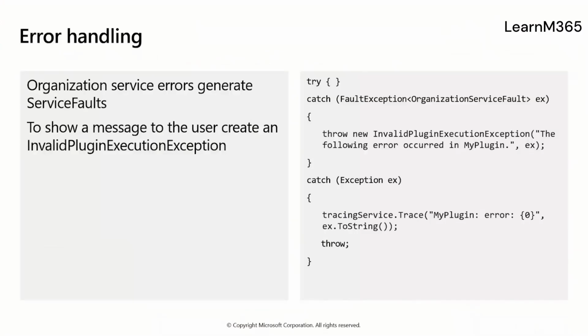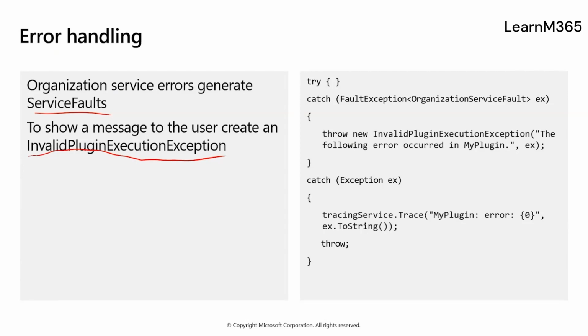Even error handling you can create. The exception which is getting generated is InvalidPluginExecutionException. Okay, the organization service generates a service fault exception. So what you can do, you can create a try and catch mechanism inside your code to deal with the errors as well.